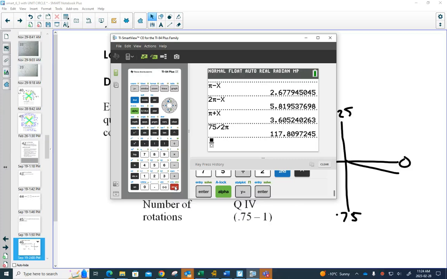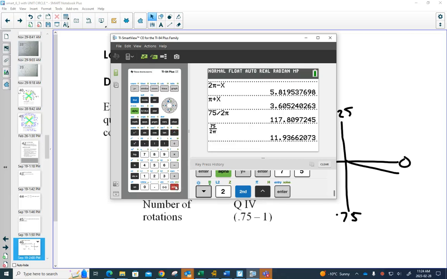If it does, and you can write this as a fraction, like this, 75 divided by 2 pi, and push enter. Now, interestingly, I got 2 different answers. So one of them is wrong, or else they're both wrong, possibly.